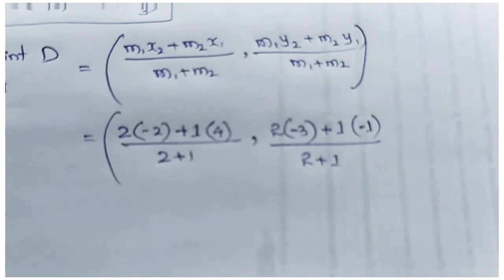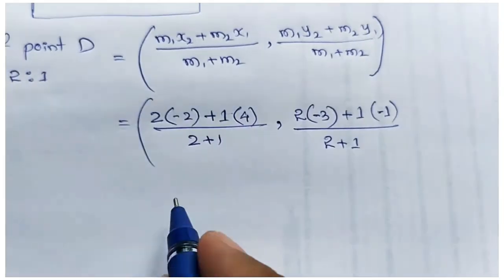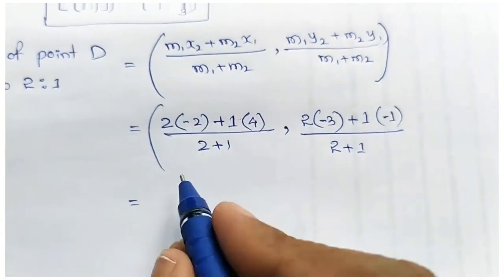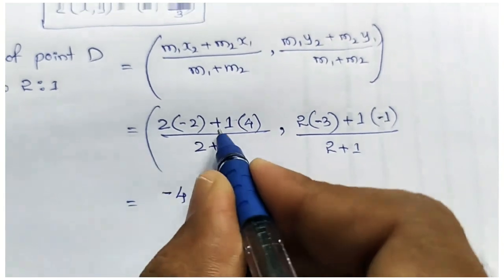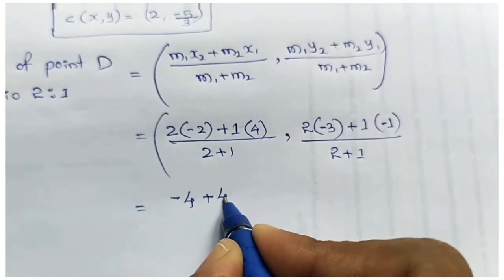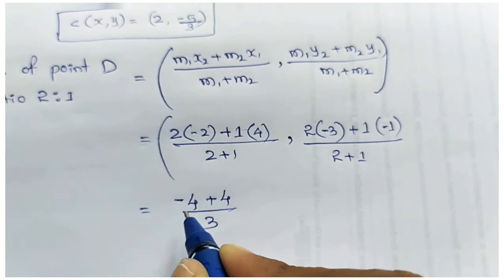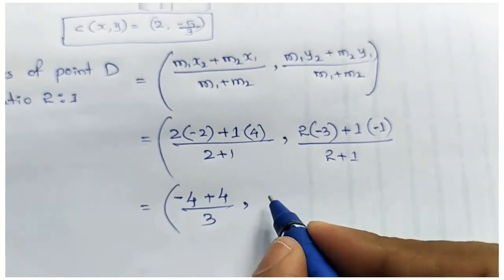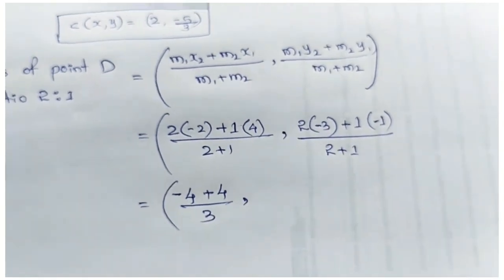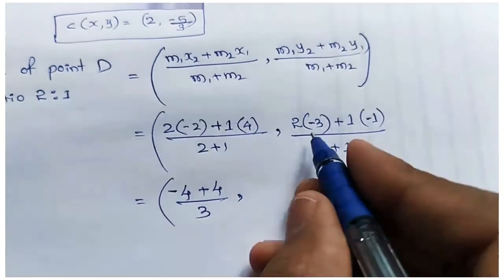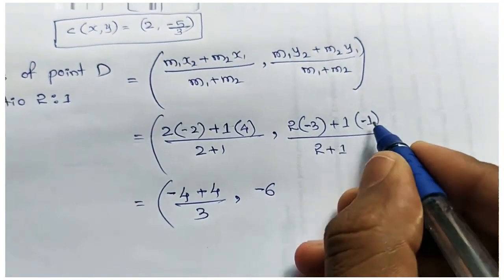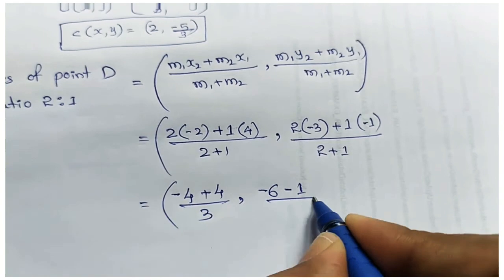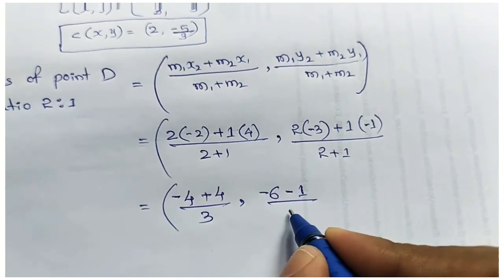Okay, now simplify this one. 2 twos are 4, so minus 4, plus 1 four is 4, divided by 2 plus 1, 3. 2 threes are 6, so minus 6, plus 1 into minus 1, divided by 2 plus 1, 3.